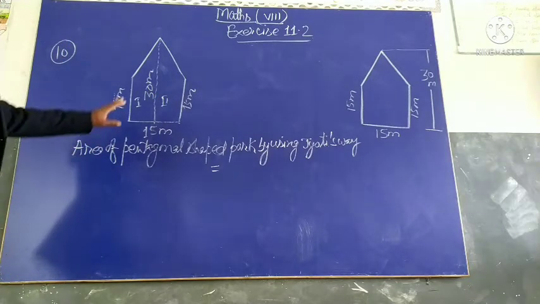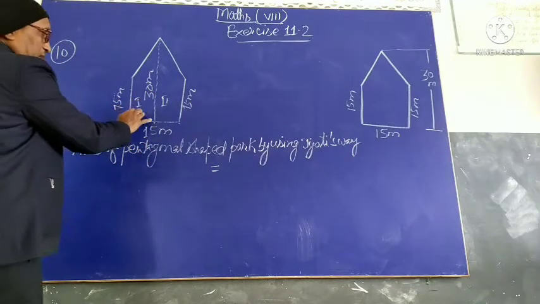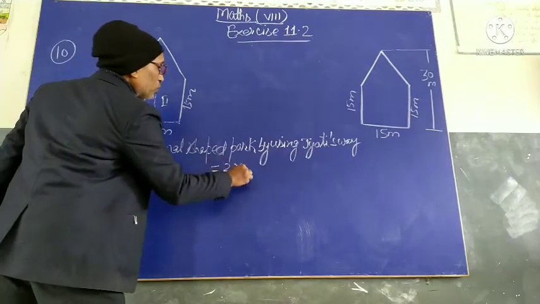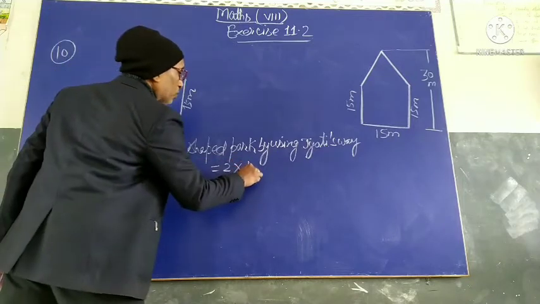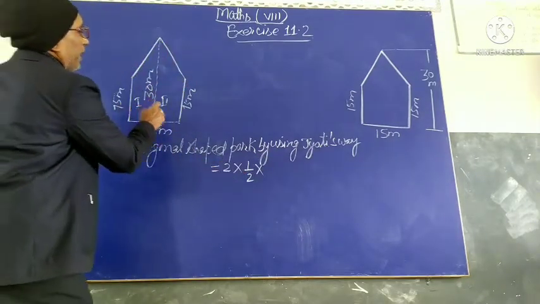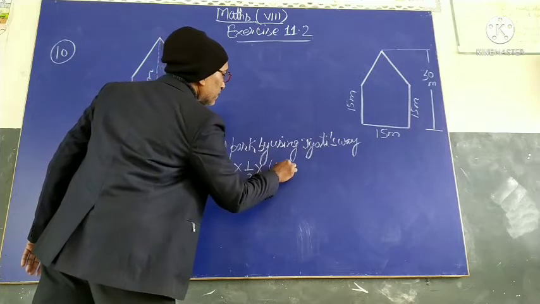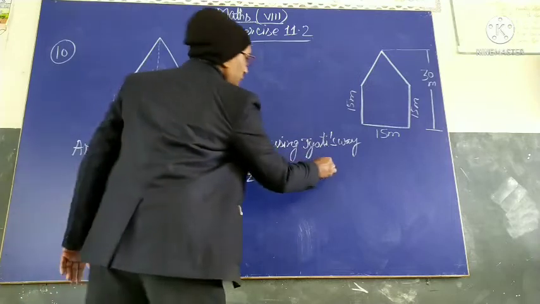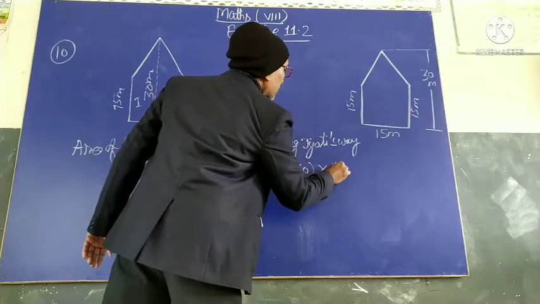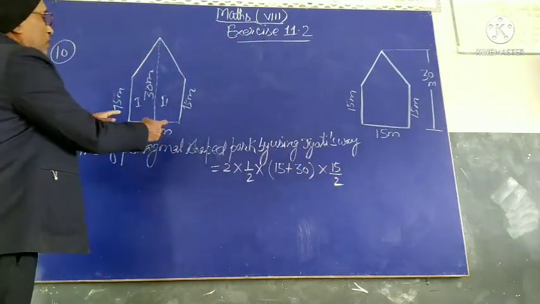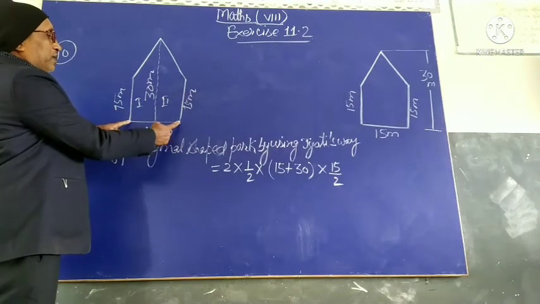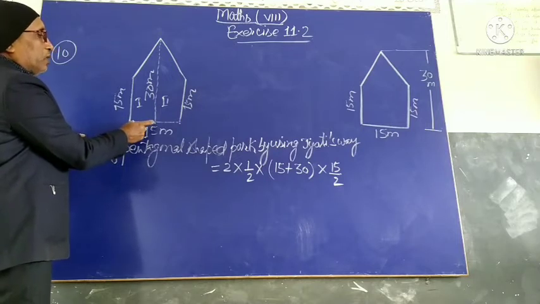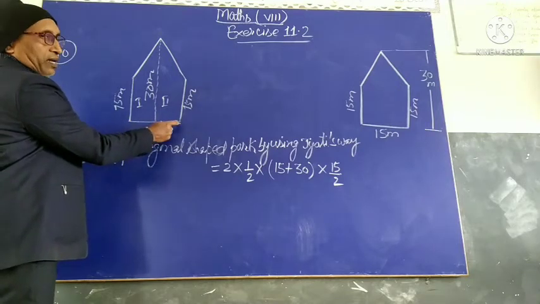If you want to find the total area of this figure, you write down 2 into 1 upon 2 into sum of the parallel sides into distance between them, that is 15 upon 2, because the total distance is 15. When you want to find this distance, you divide 15 by 2, because both are equal.